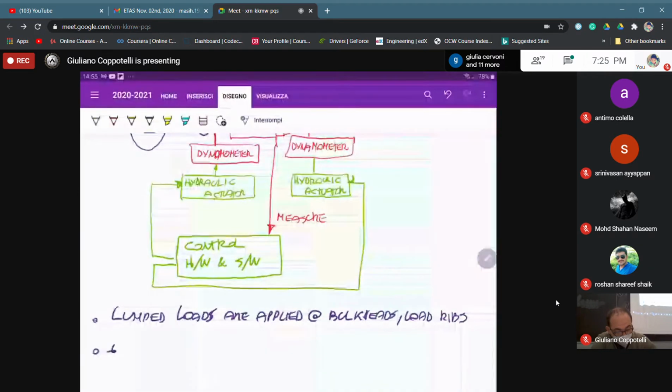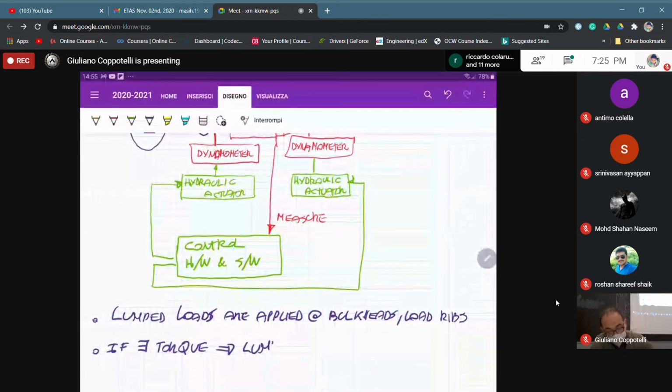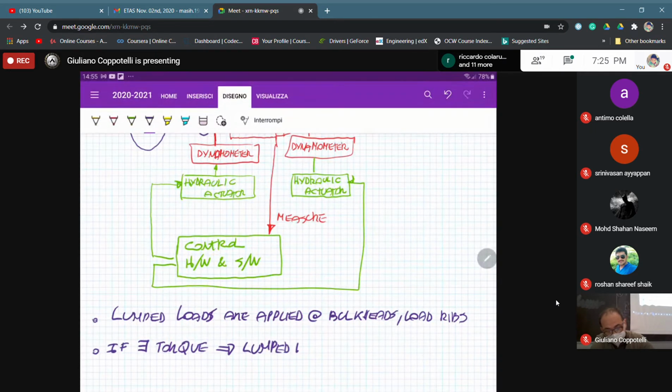If there is a torque that we would like to introduce, then what we have to do is just move the applied load chordwise. So the lumped loads are shifted chordwise in order to apply the right torque.